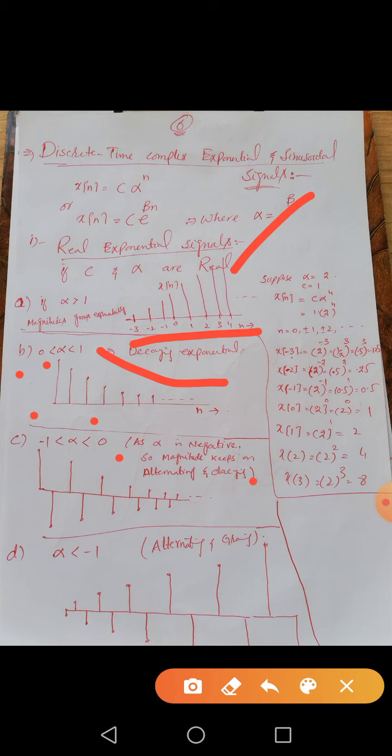It will be positive for some values, then negative, then positive, then negative, and will keep on decaying. And if alpha is less than minus 1, x of n will be alternating and growing. Think over it and plot it by yourself in your notebook, taking different values of alpha according to these types.